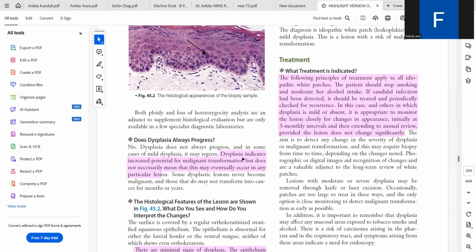Now, dysplasia indicates increased potential for malignant transformation, but does not necessarily mean that this may eventually occur in any particular lesion. Some dysplastic lesions never become malignant, and those that do may not transform into cancer for months or years.